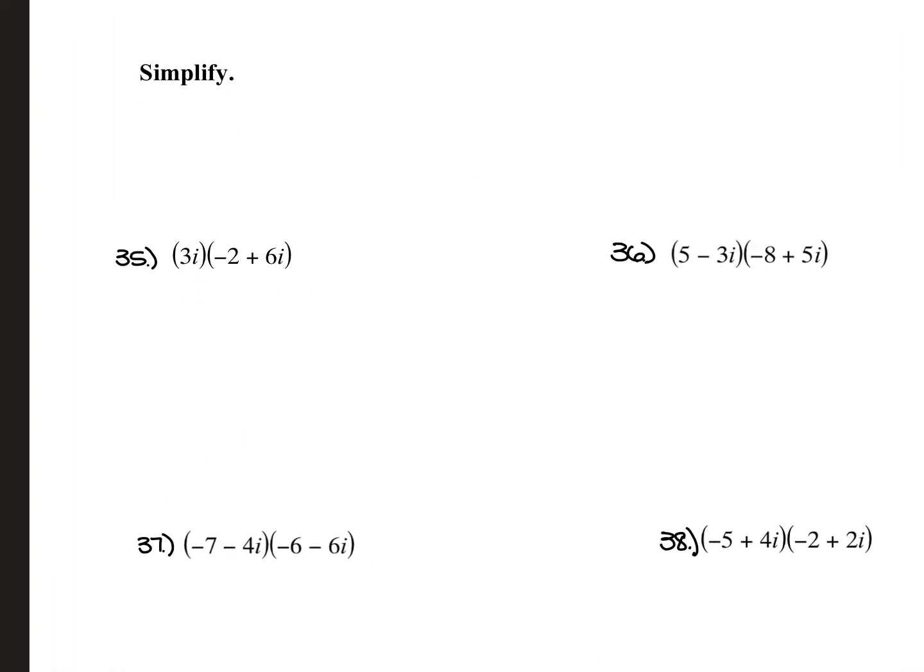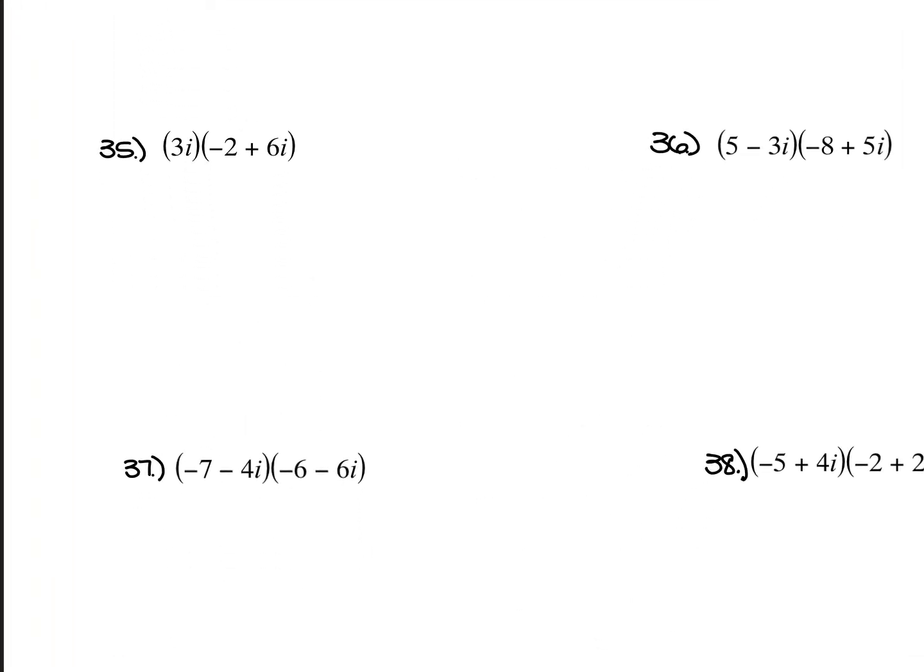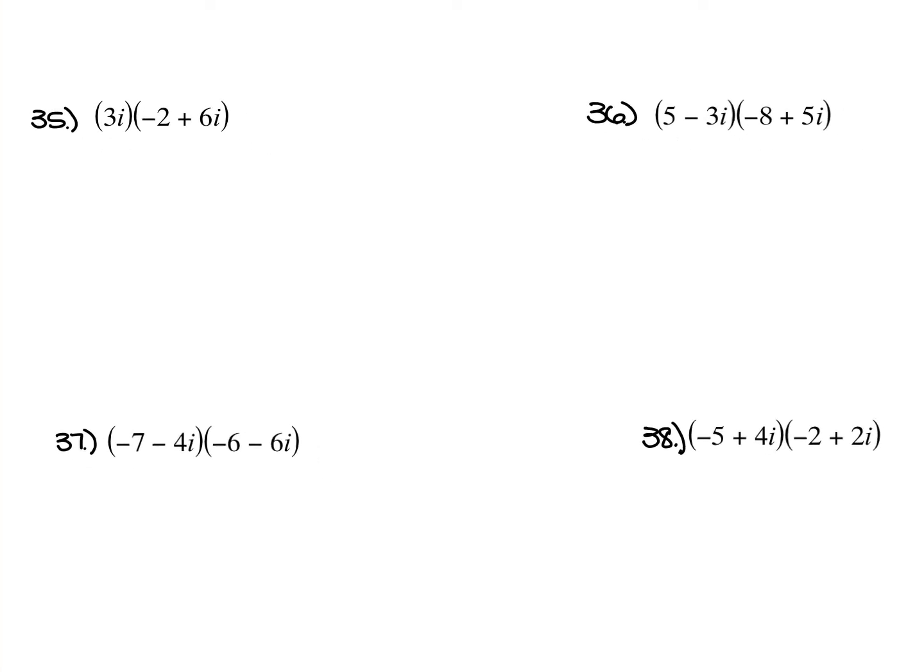For 35, we are still simplifying, but now we have multiplication. So we have 3i times negative 2 plus 6i. We are going to distribute this 3i in and multiply it by both the negative 2 and the 6i. The 3i times negative 2 is negative 6i, and 3i times 6i is 18i squared. i squared is equal to negative 1.